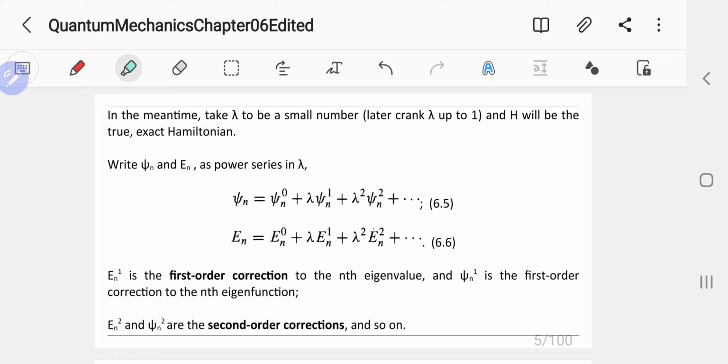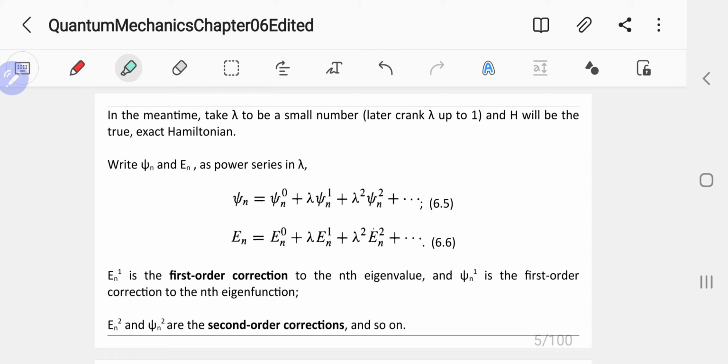And then we can take lambda to be 1 later on. Again, we consider very small numbers so that our Hamiltonian will not be disturbed abruptly.